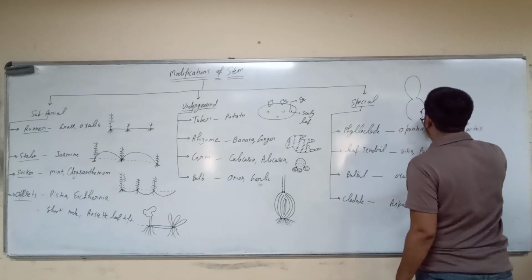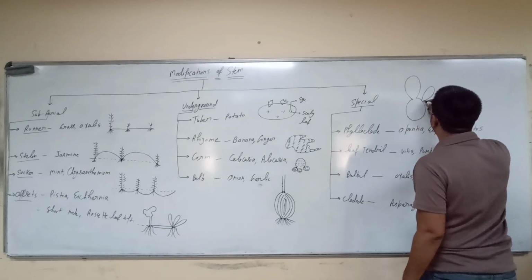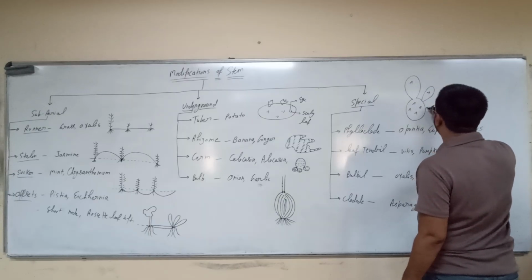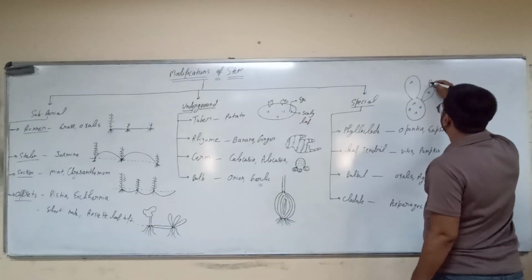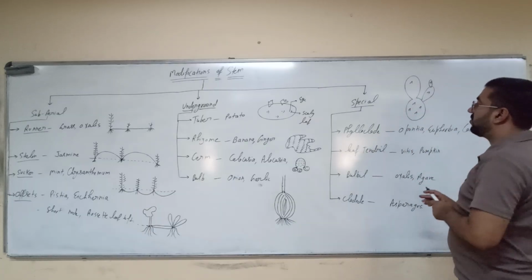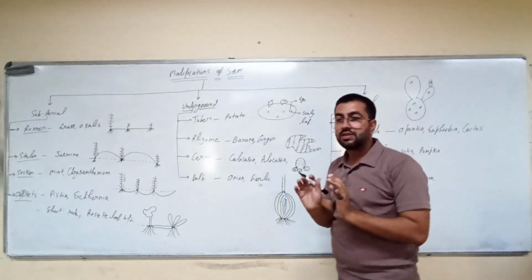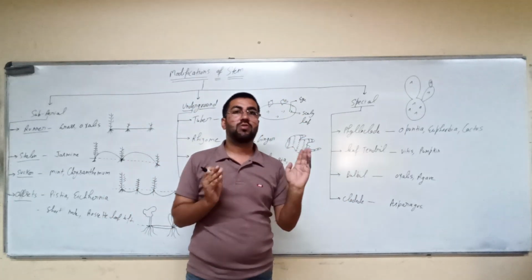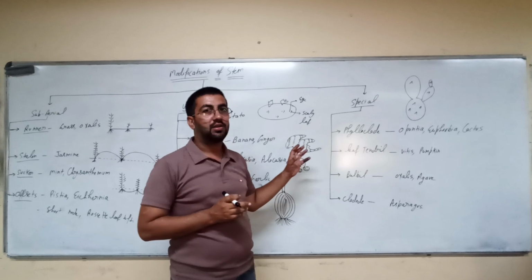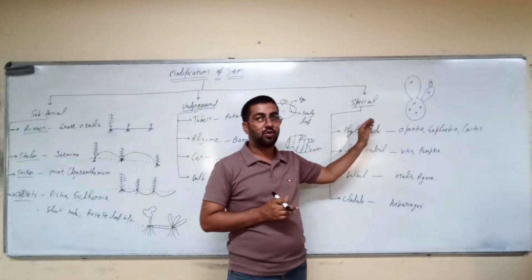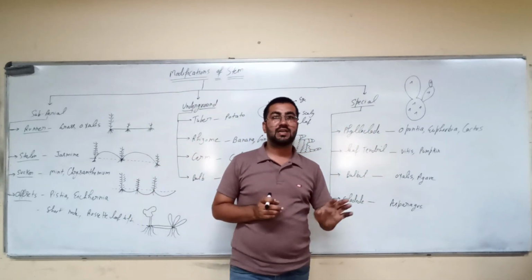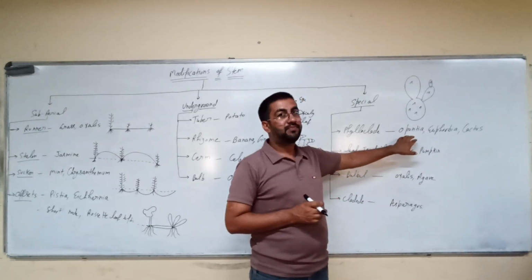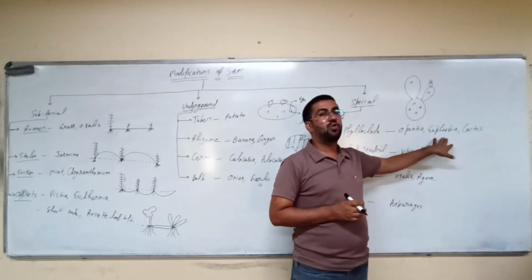This is phylloclade. Phylloclades are those stems which expand their size in flat and circular form, and they are green in color and perform photosynthesis, working as the leaf, such as opuntia, cactus and euphorbia.